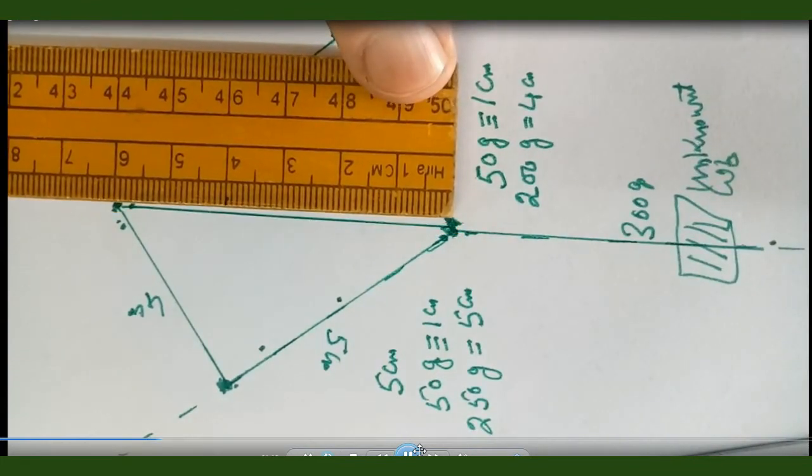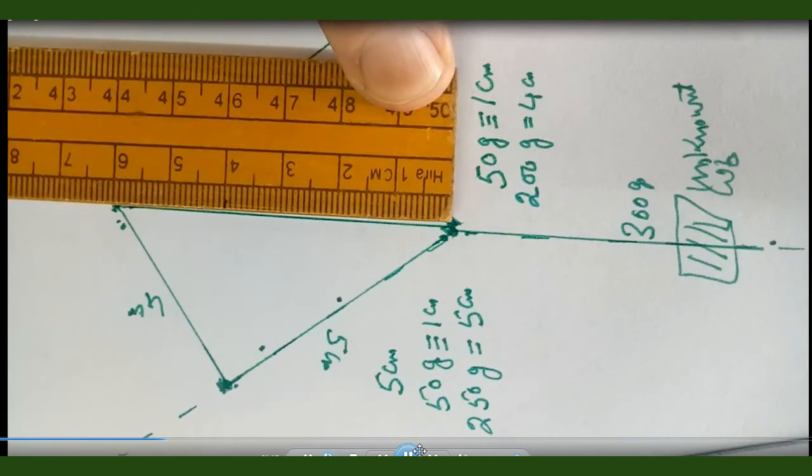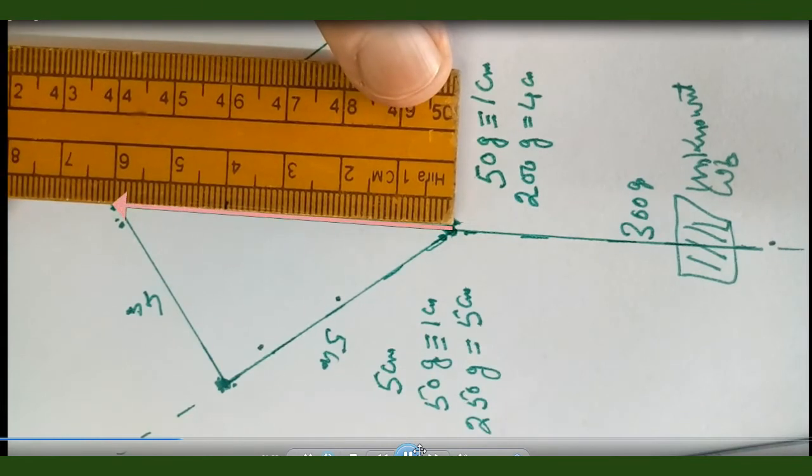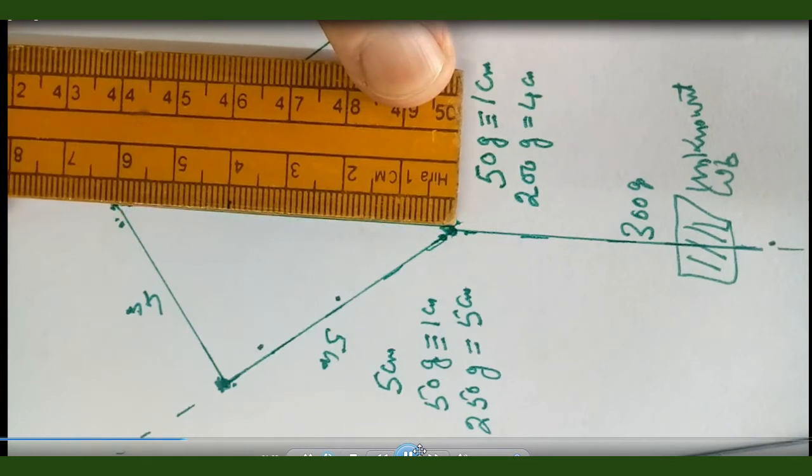Now measuring the length of the resultant vector, from here to here, this resultant will give us the value of the unknown weight.